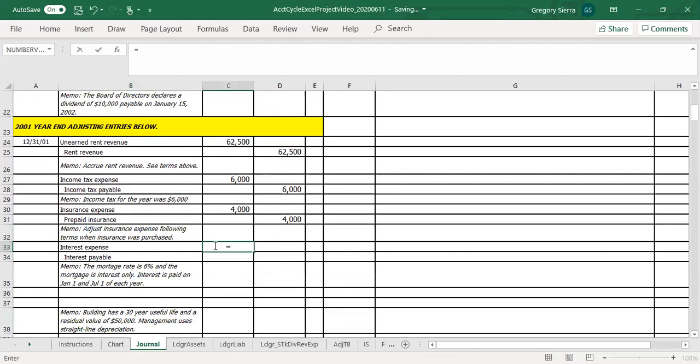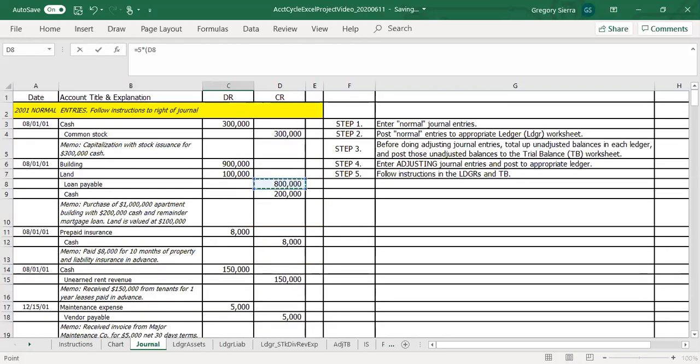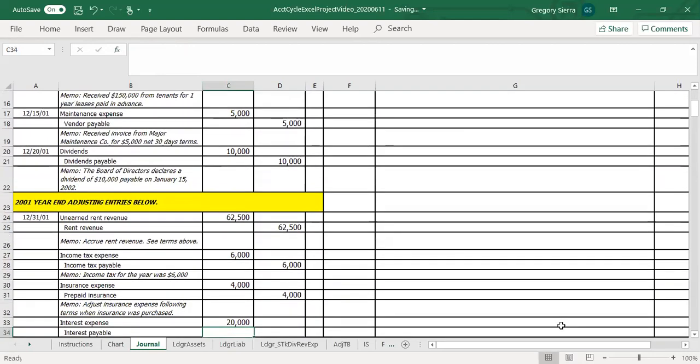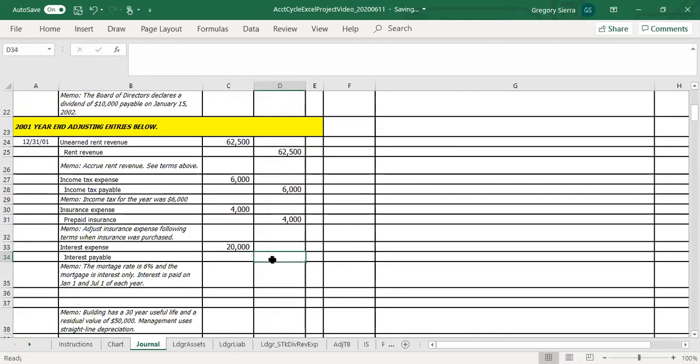And again, it's 5 months of interest times, let's see, 800,000 times 0.06, which is the annual rate. All of that divided by 12. So the D8 times 0.06 is the amount of interest we pay a year divided by 12. This is the amount we pay for a month, or accrue a month, and it's 5 months. Okay. So 20,000 in interest.